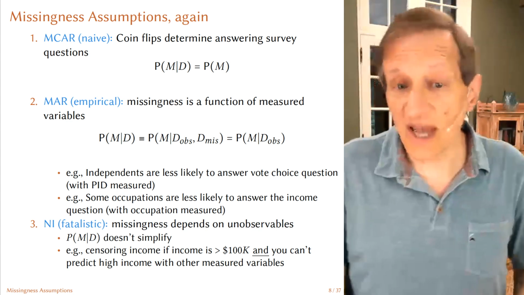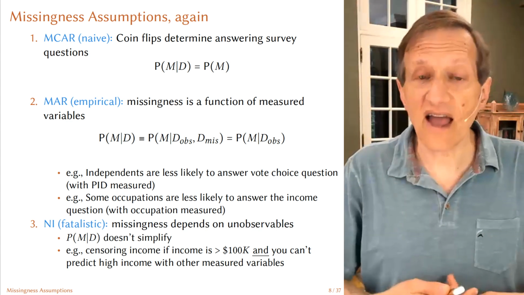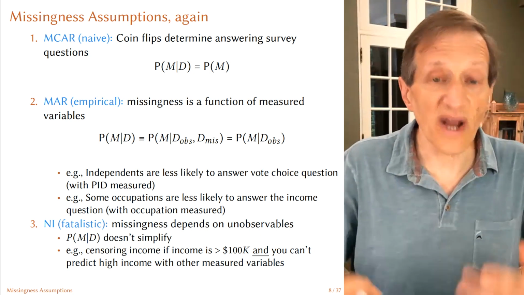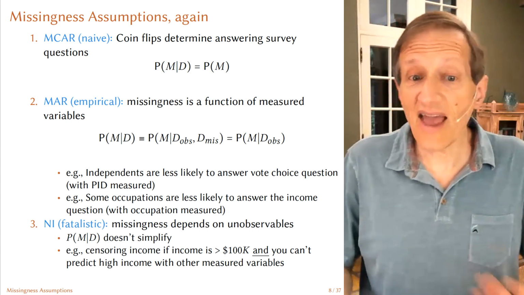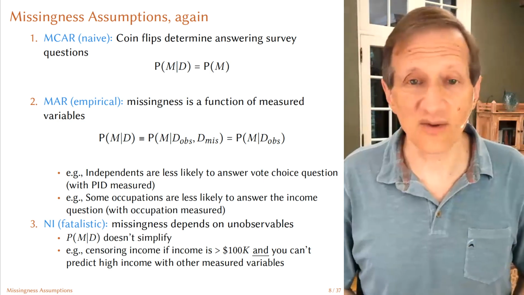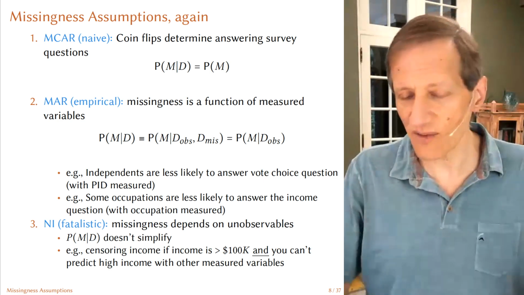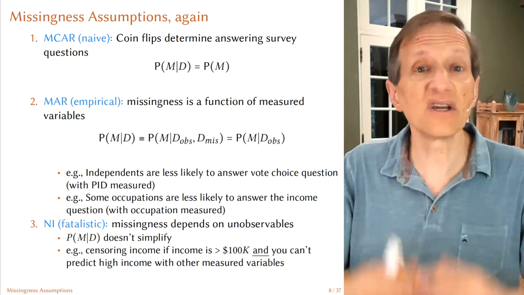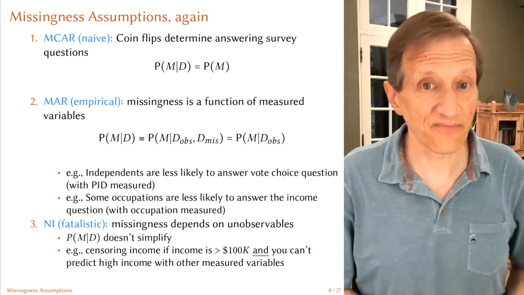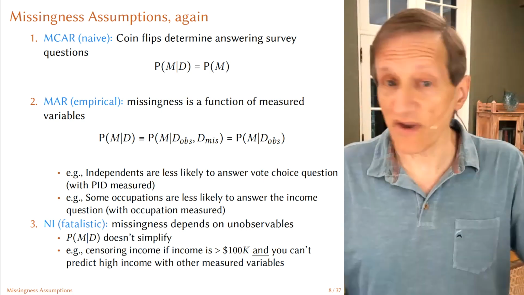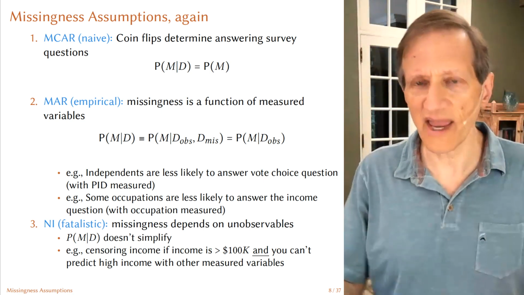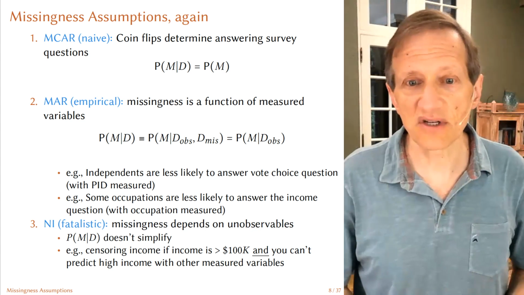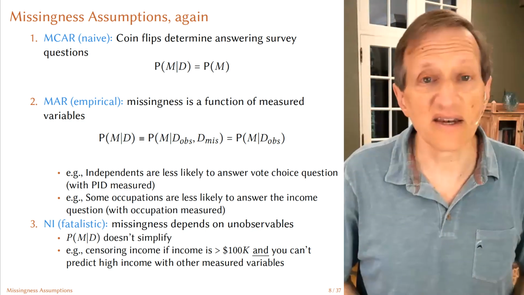So for example, we might have income censored if income is greater than $100,000, and we can't predict income with other variables. So you can't predict it with occupation, you can't predict it with other variables, maybe because you didn't put in enough other variables in the data set. So it might be, for example, if you do a survey and you only ask income, and people who are wealthy choose not to answer the question, then that's non-ignorable.